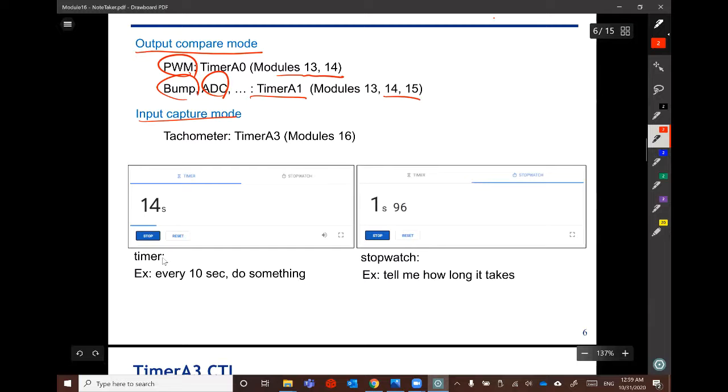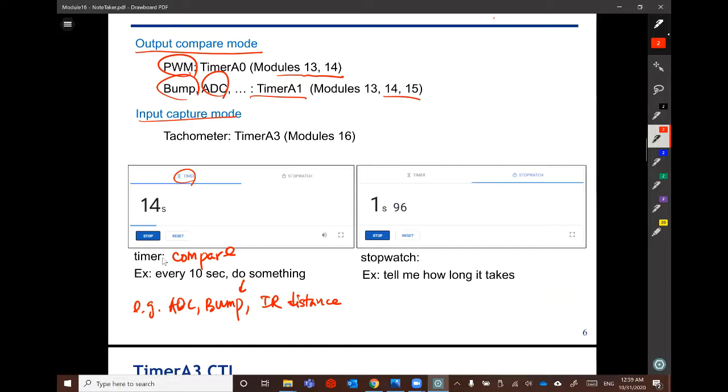So the Google timer is basically output compare mode. The examples are, every 10 seconds, do something. For example, read ADC values, check the bump sensor, or read the IR distance sensor. Okay, stopwatch mode, this is input capture.